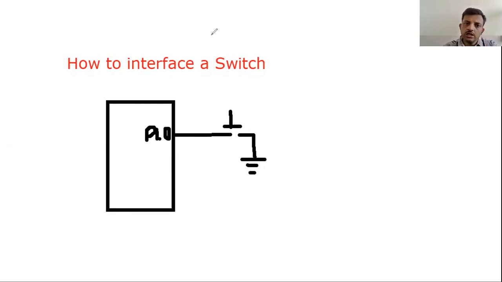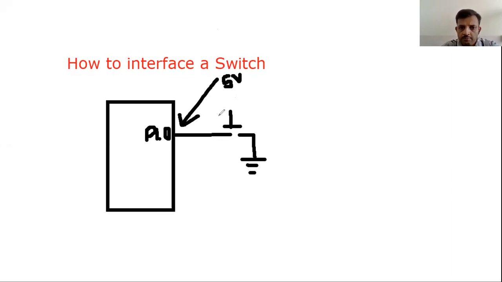And the condition here in 8051 is always that anything you connect as an input port, the port line should be at VCC, that is 5. They should be at 5. It is not the supply 5 volt, we speak of the logic level 5 volt.